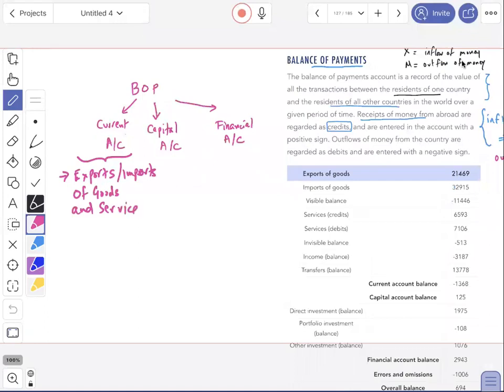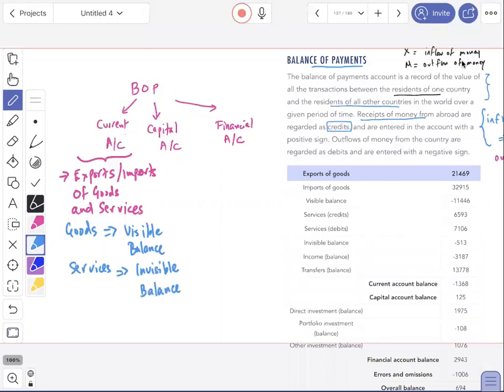By the way, when they are goods, we call it the visible balance, and for services, we call it the invisible balance. The reason is very simple: balance means X minus M of goods, and this is X minus M of services.